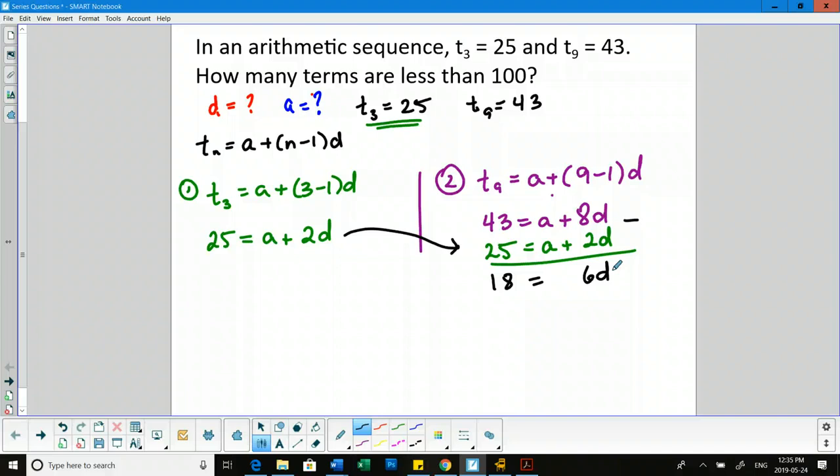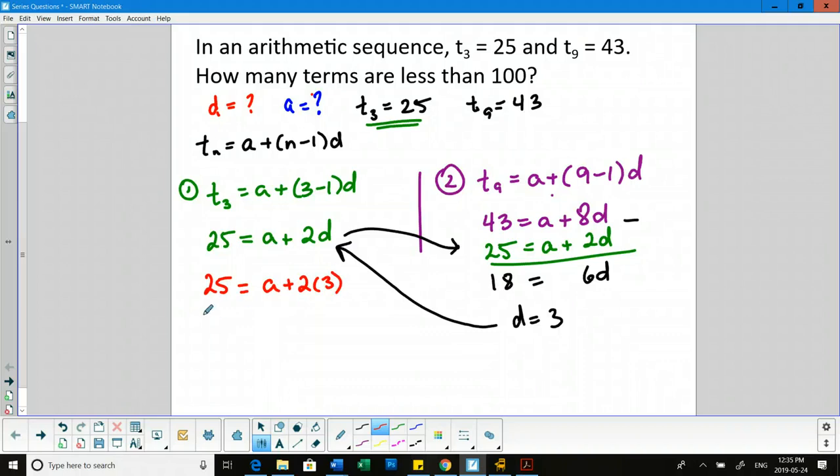And we'll divide out the 6 to get a D value of 3. Then I'm subbing this back in to get my A value, which gives me an A value of 19.